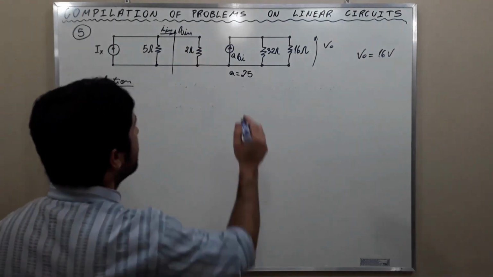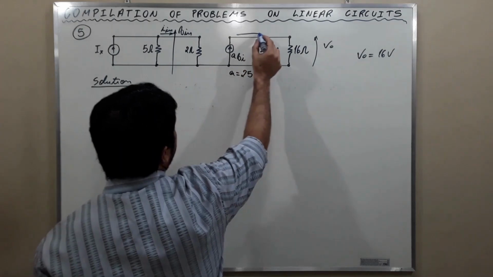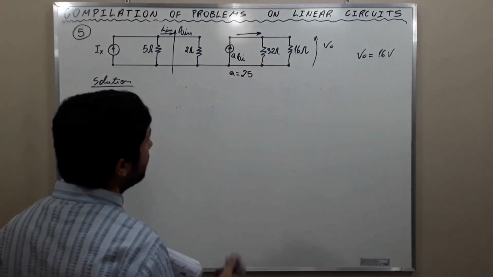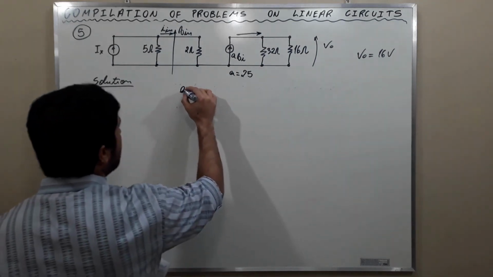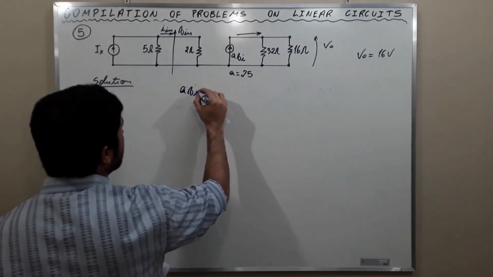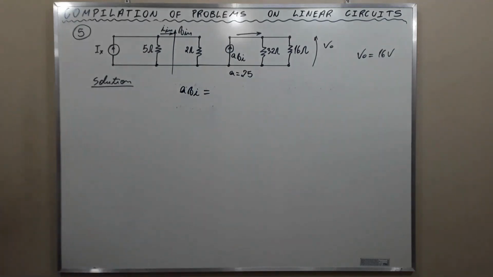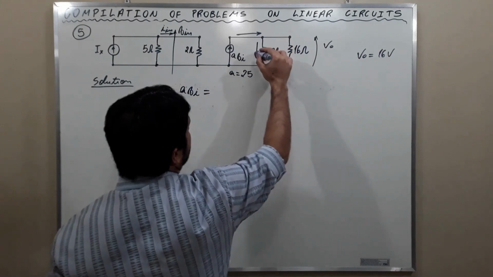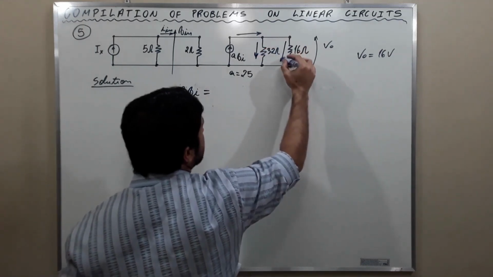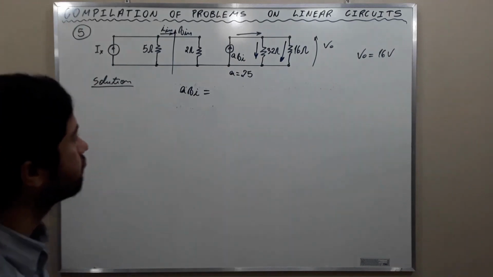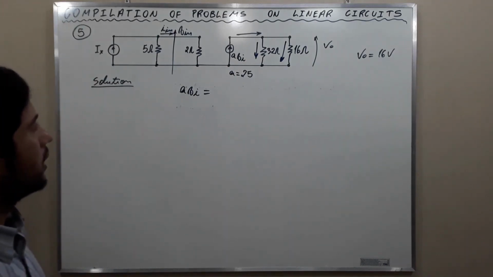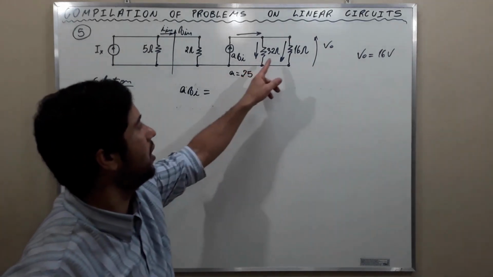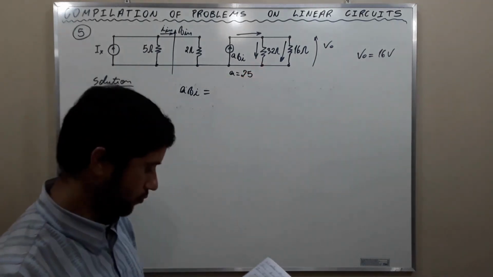There is a current here, VI, which is equal to this current plus this current here. And how do we express these currents?